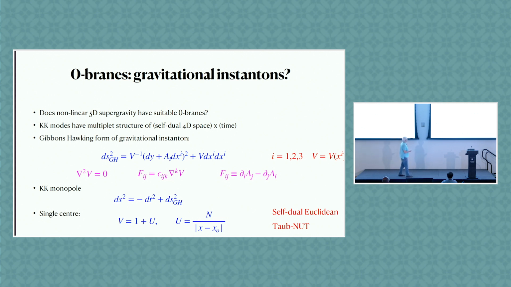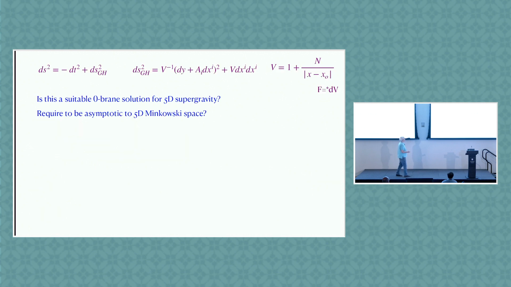If we have a single center solution, we have V is 1 plus U, where U is n divided by the distance between x and the location of the center x0. And in this case, when n equals 1, this is self-dual Euclidean Taub-NUT space.